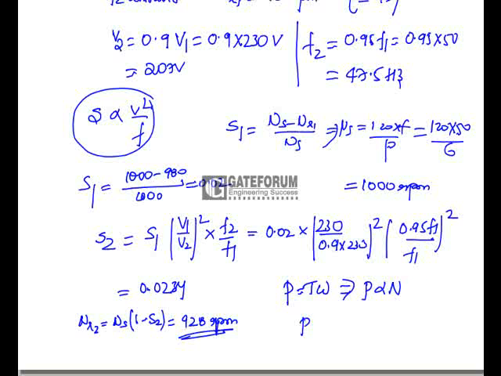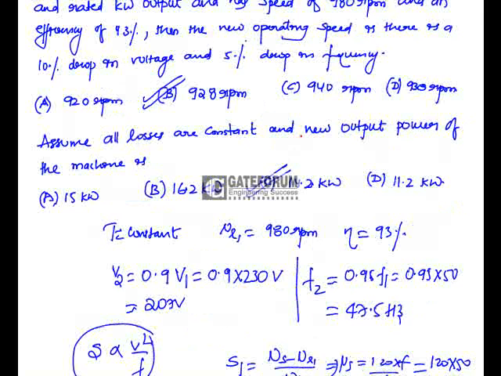So P2 is equal to P1 times N2 by N1. This is equal to 15 times N2, 928, by N1, 980. So this is equal to 14.2 kilowatt. So option is C.